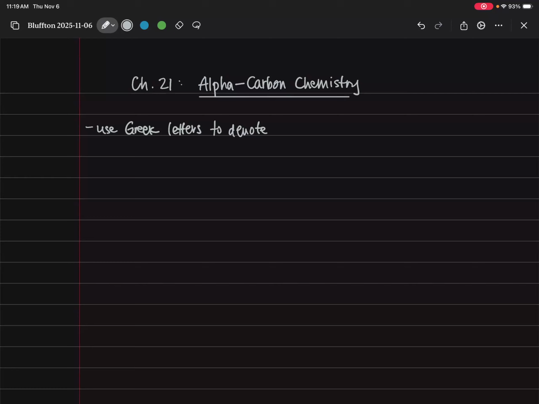We're going to use Greek letters to denote them. Let's say we have this ketone.